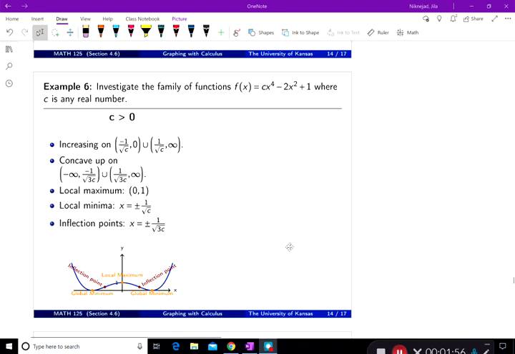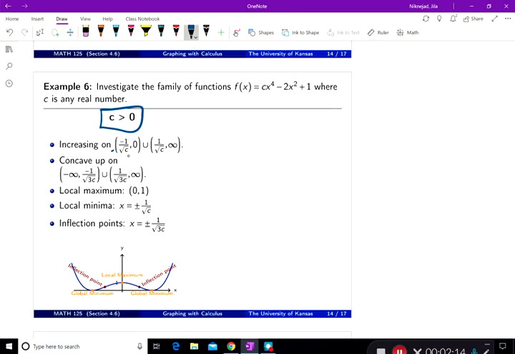So solving for the roots of f prime, if c is positive, gives me negative 1 over square root of c, positive 1 over square root of c, and 0.